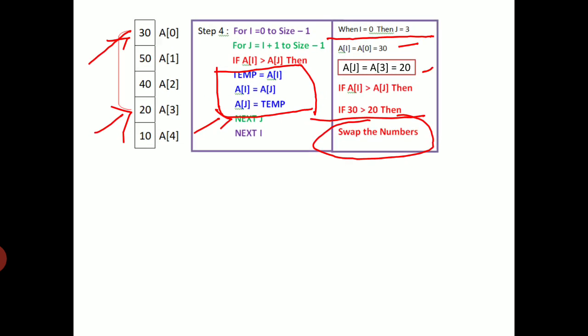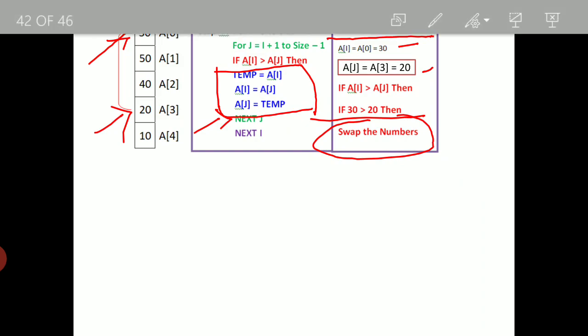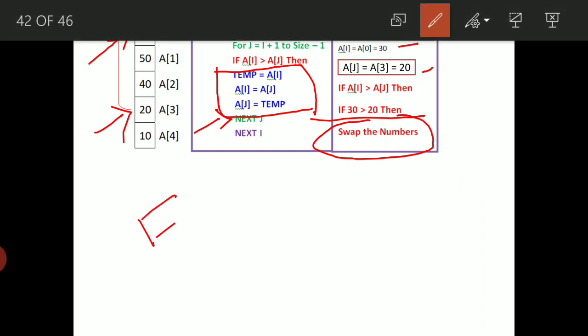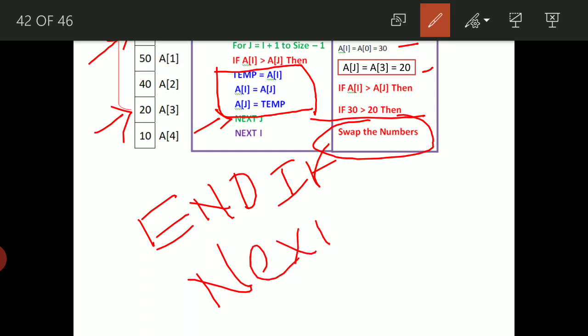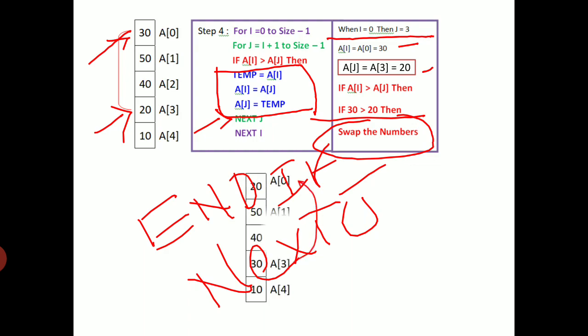Then what happens now? What will be the output here? And one correction here, before next J you have to add ENDIF, because the if is going to end before next J, and then you are going to have next J. And what is the output here? Yes, this is the output.